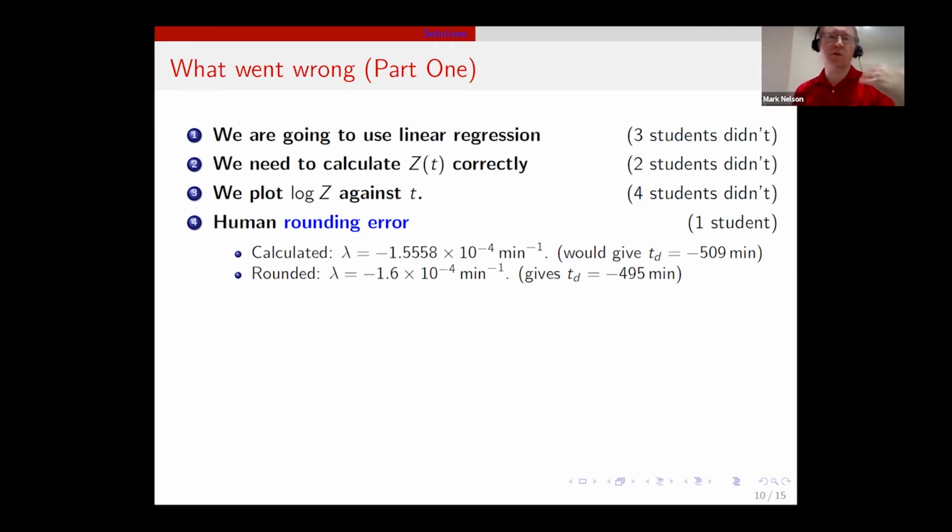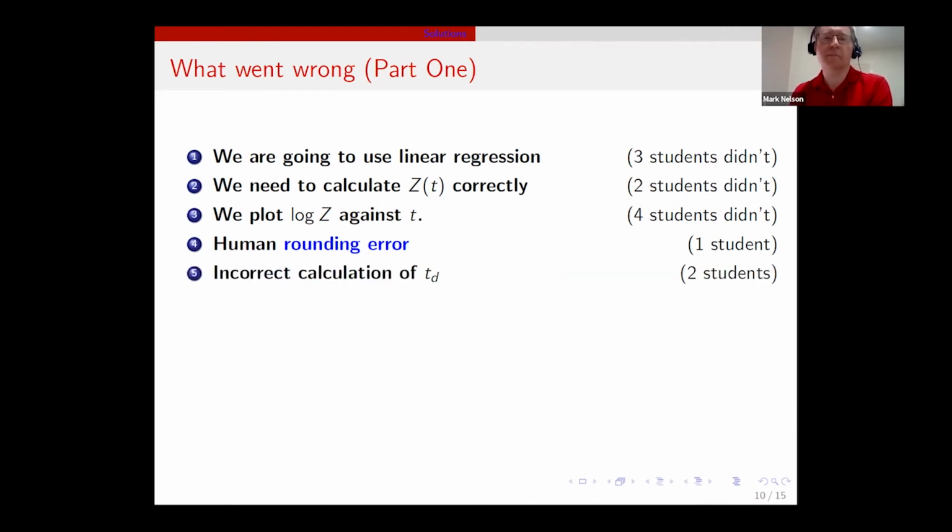So I think here the student got confused and they rounded off a number that they shouldn't have rounded. And in this particular case, maybe it's not made a big difference to the estimated time of death. It's what, 14 minutes. But potentially that could be important.